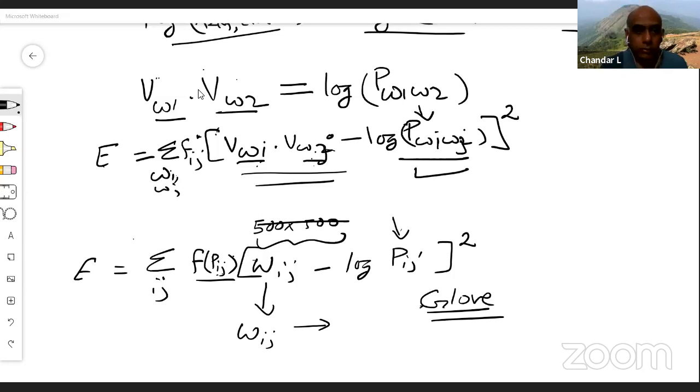For GloVe vectors, are the probabilities of co-occurrences the co-occurrences in the document or co-occurrences in an n-gram? These are the global co-occurrences. That is why it is called global. These are the global co-occurrences across all the documents.